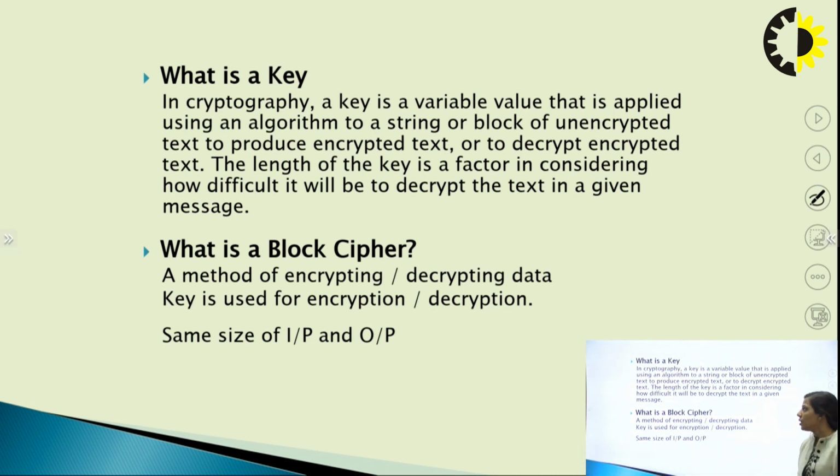Like what we do with different types of pins and passwords, that is the case for a key. We use a variable value, string, or particular block to which we apply algorithms to produce the encrypted text, and again we decrypt that encrypted text back into the particular value.